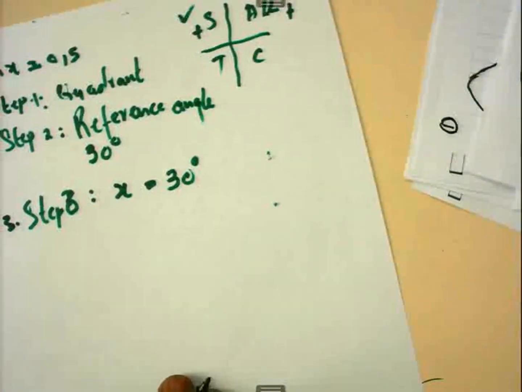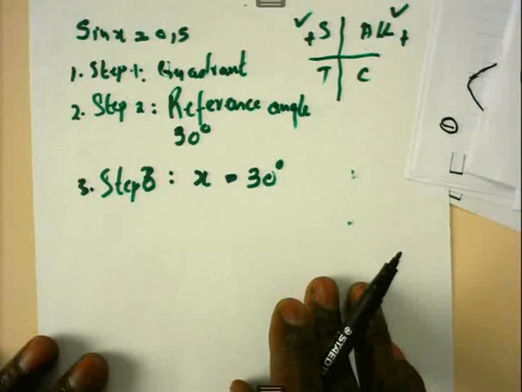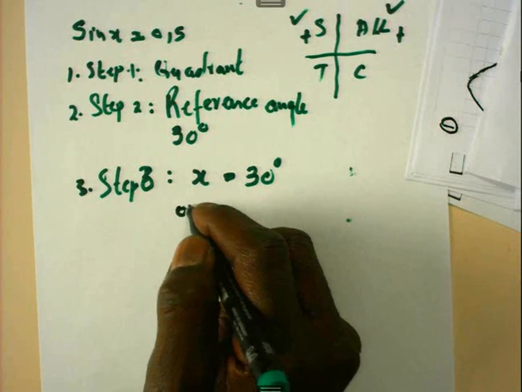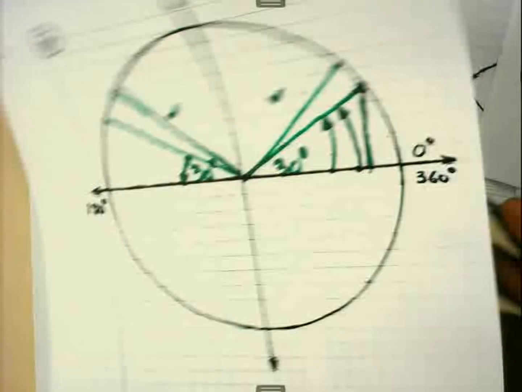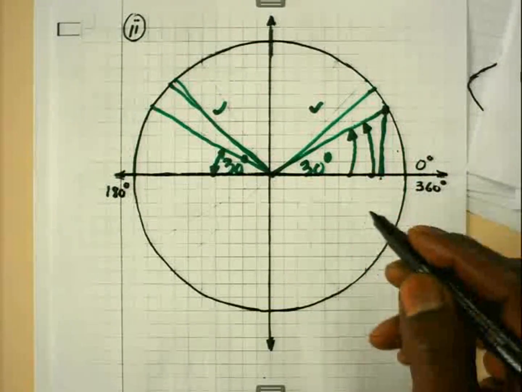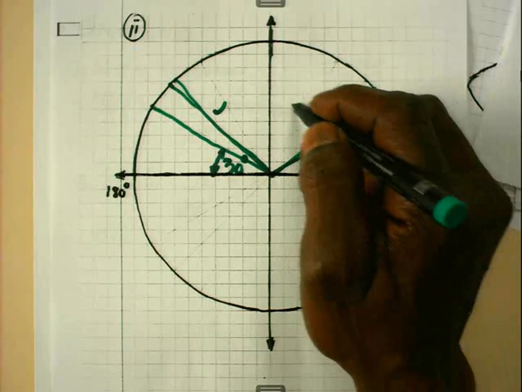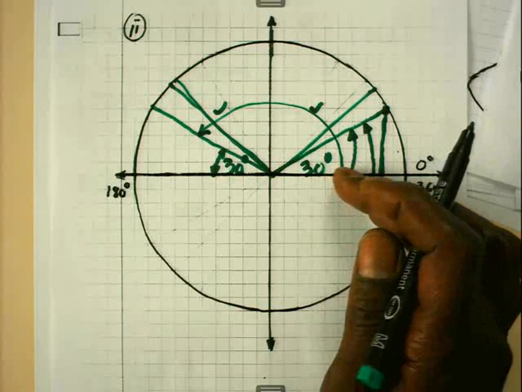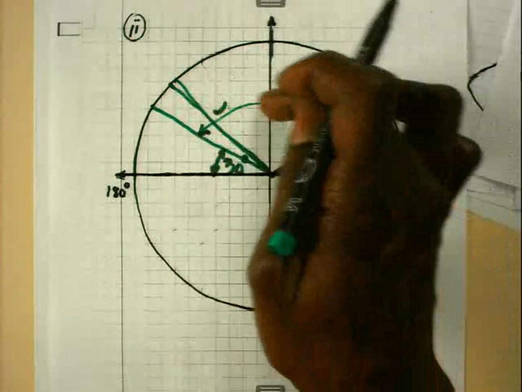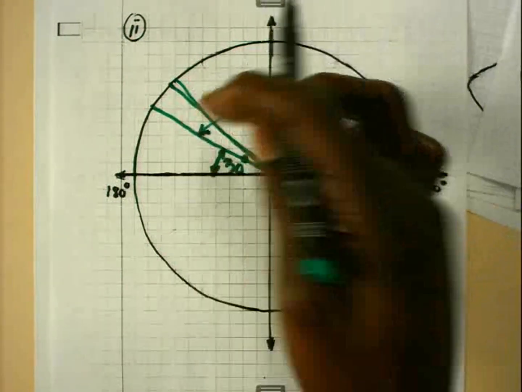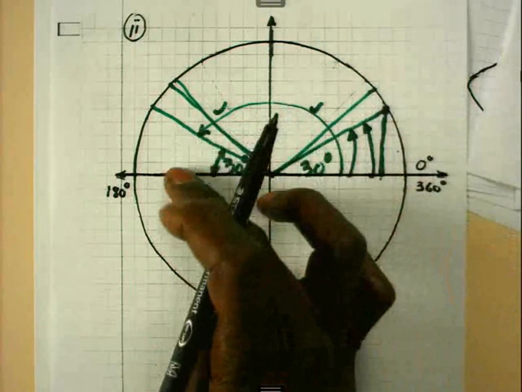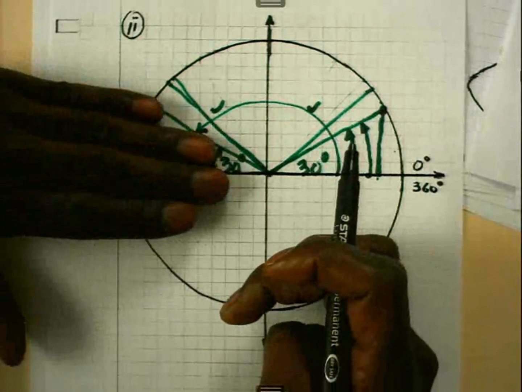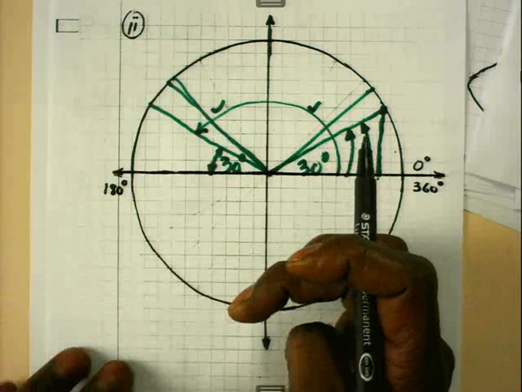That's why we are having this solution as x is equal to 30 degrees, or another solution, which will be, we start counting from here up to there. The solution for here will be, we want this angle. This angle will be 180 degrees minus this angle of 30 degrees.